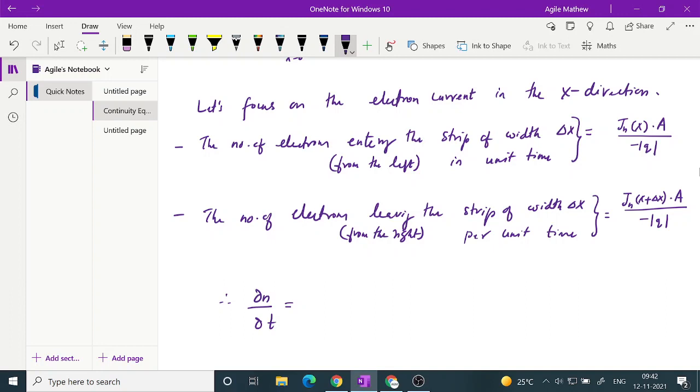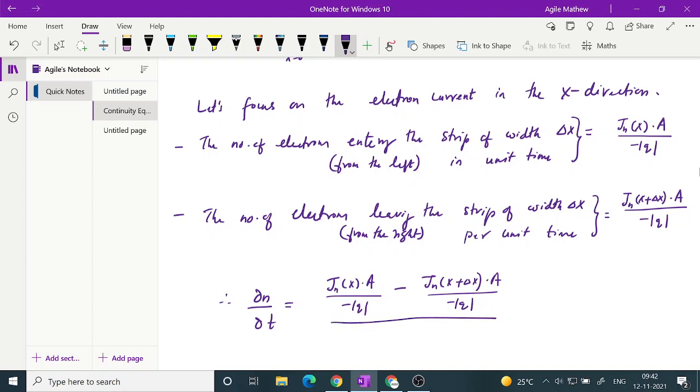So total number per unit volume is what we call the density. So what is entering minus what is leaving, that will give you the total change in the number, but I would like to have this number per unit time, per unit volume.